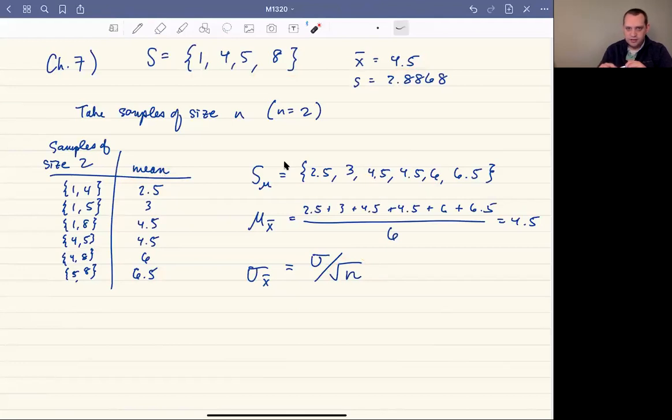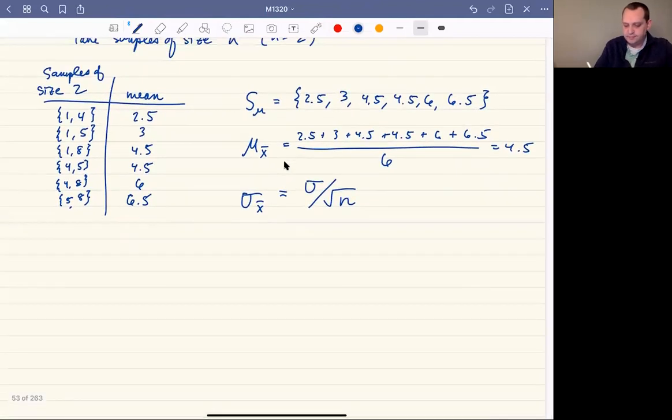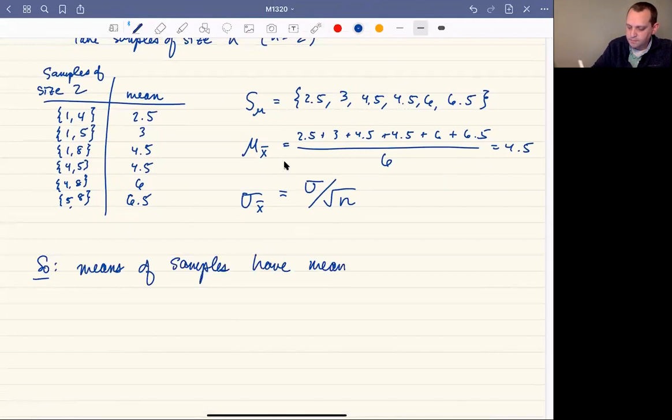So this is really the only thing that we need to know here, so let me put a little summary. The means of the samples are going to themselves have a mean, and this mean is always going to be the mean of the original data set itself.